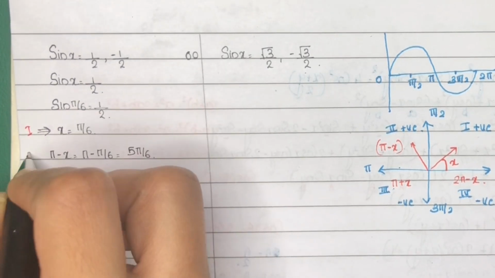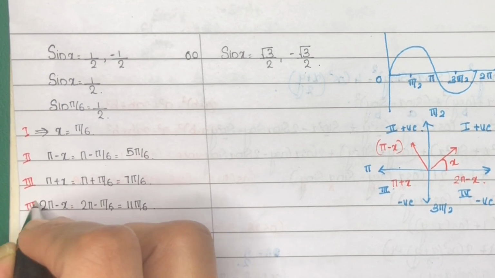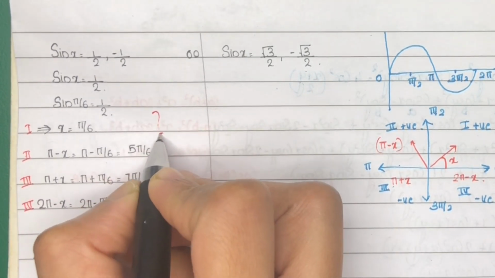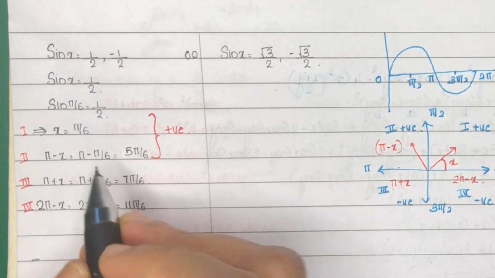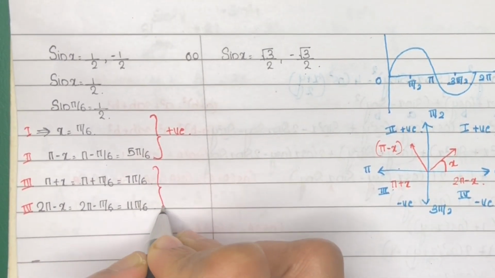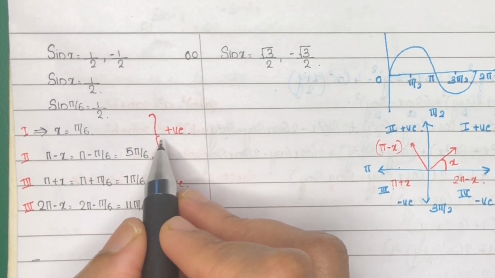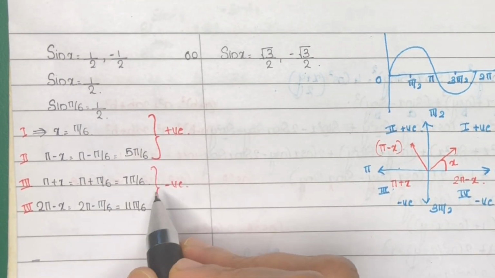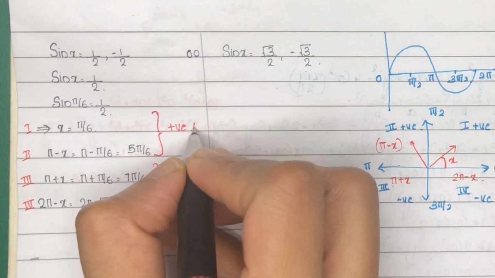First quadrant, second quadrant, third quadrant and fourth quadrant. We already explained sine value will be positive in first and second quadrant and negative in third and fourth quadrant. That is, first and second quadrant the value is plus 1 by 2, and in third and fourth quadrant the value is minus 1 by 2.